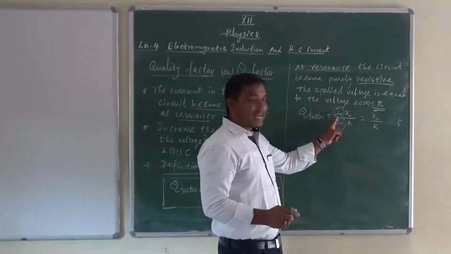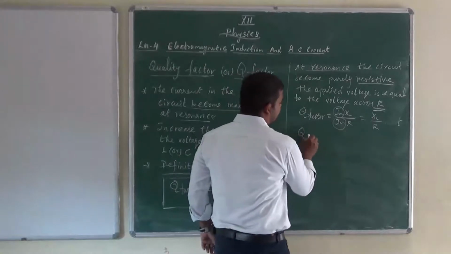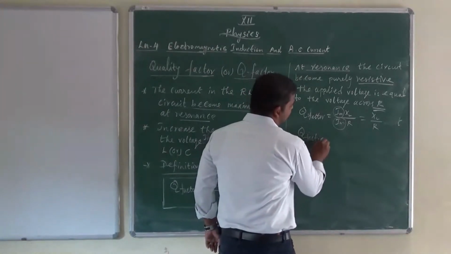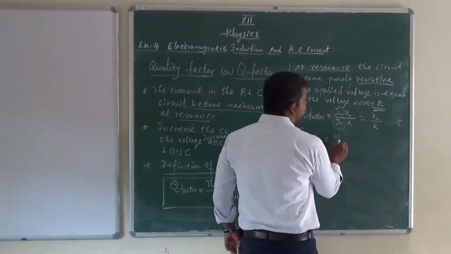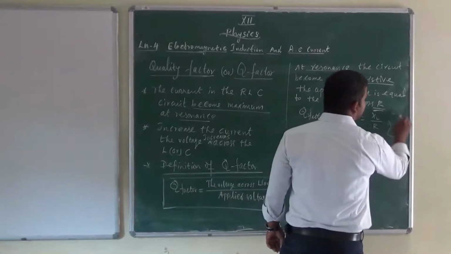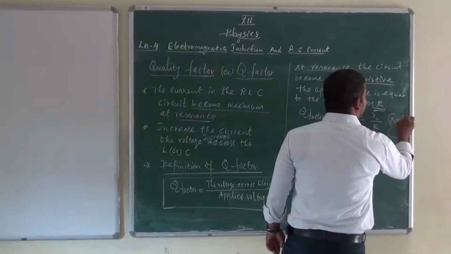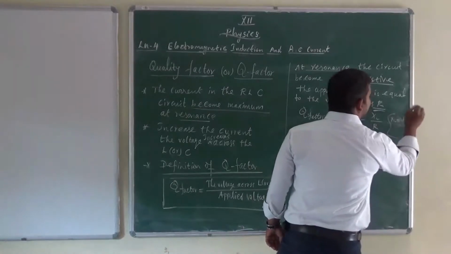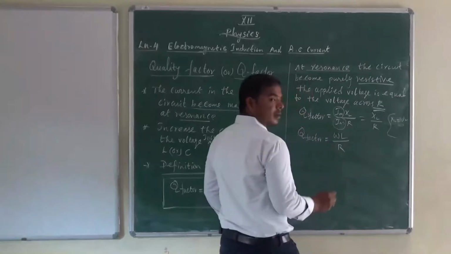The Im cancels, the rest becomes XL by R. So the Q factor: what is XL? Omega L, isn't it? Because we have discussed that in a circuit containing a pure inductor, XL equals omega L. So omega L divided by R.